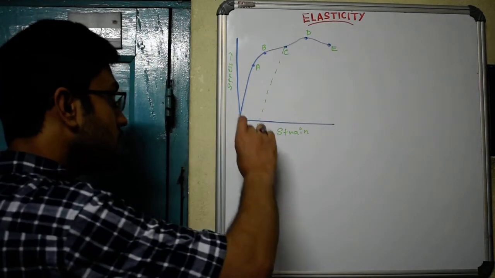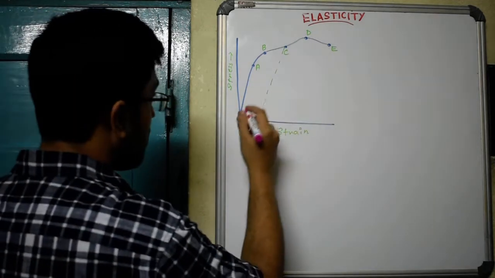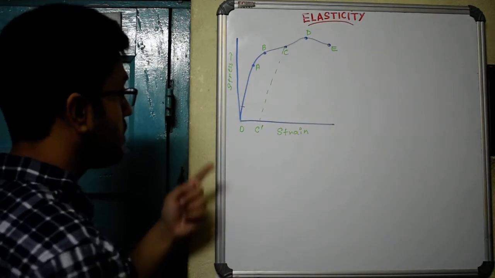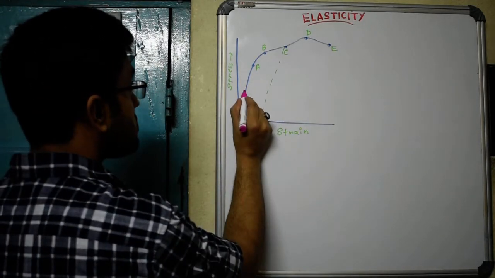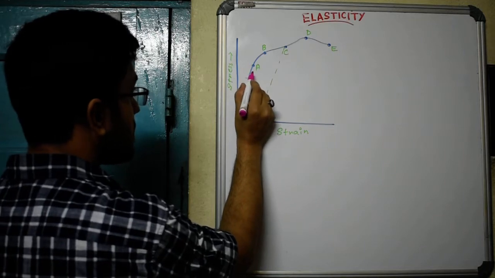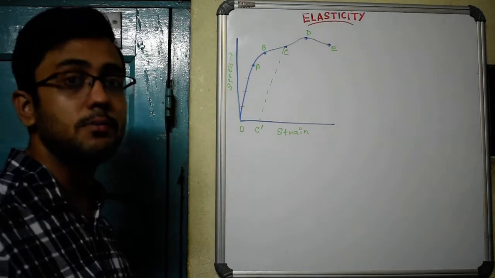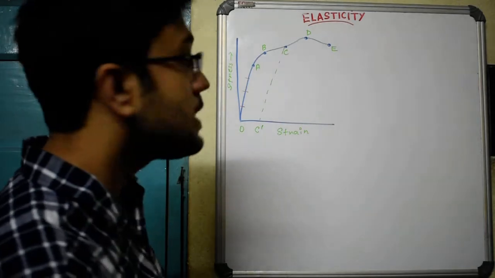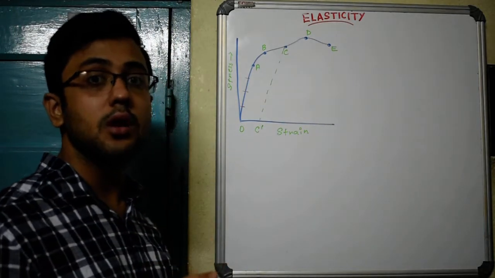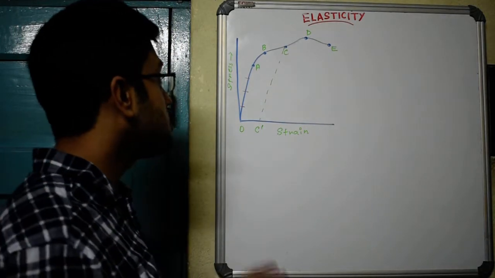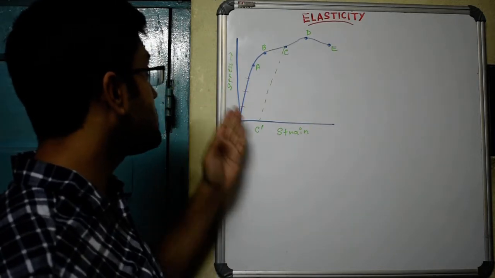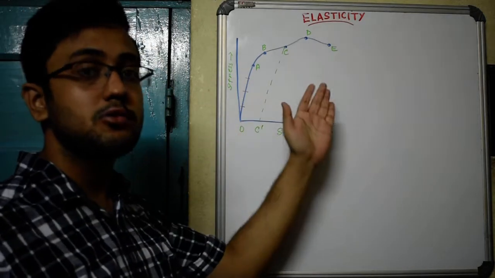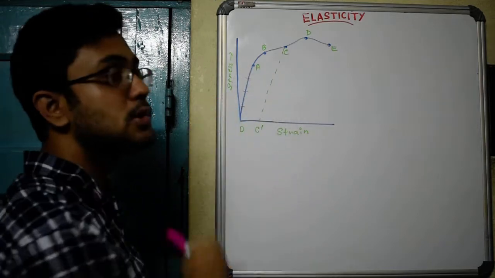That means if the ratio of stress to strain has a certain value at this point, it is the same at this point, the same at this point, and so on up to A. So up to A we say it is where Hooke's law holds properly. For small strain, the ratio of stress to strain is a straight line, and that straight line is O to A.